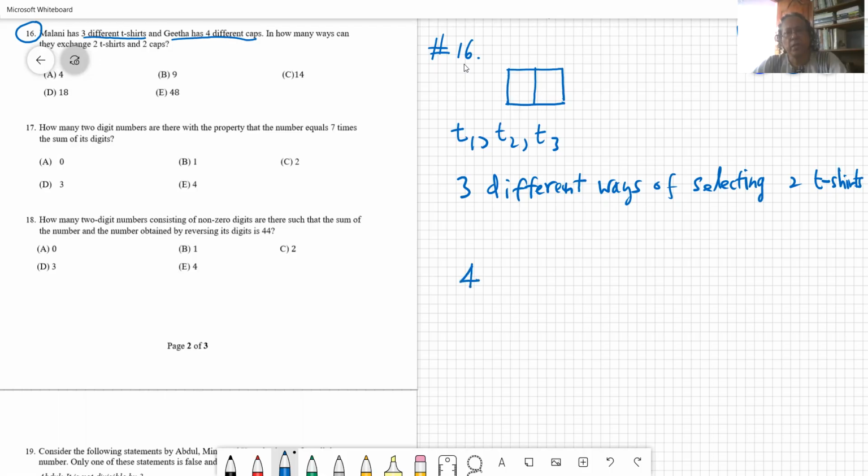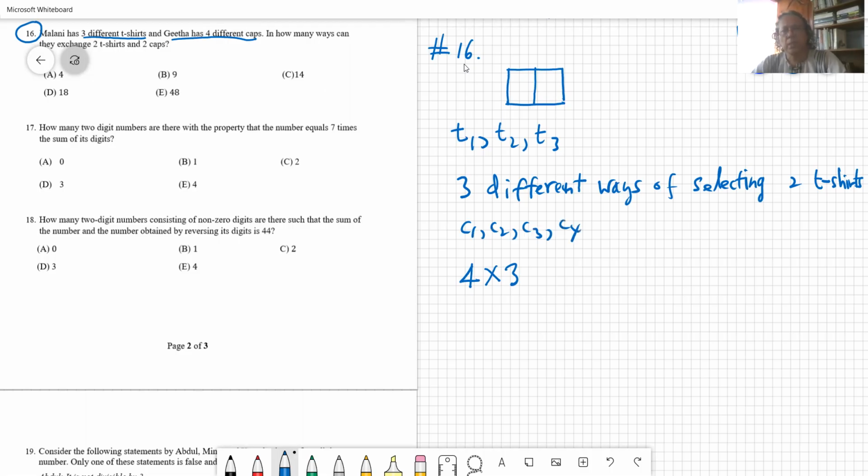And we pick another cap, and then we have only 3 choices for the second cap because 1 is gone. So 4 times 3. Now, let's label these caps as C1, C2, C3, and C4.